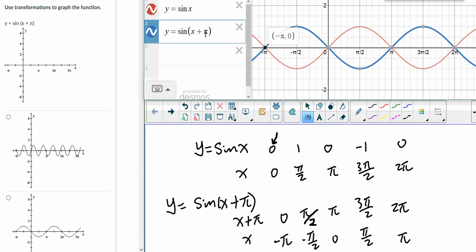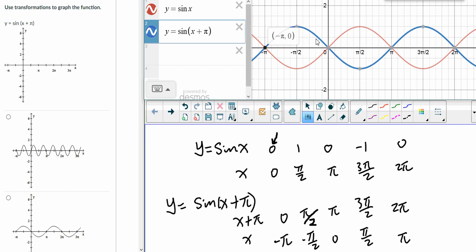One here is positive pi. That's pi unit to the left. You shift to the -pi. That's why sometimes I write here x minus -pi, because negative is positive. So you then have a -pi here.